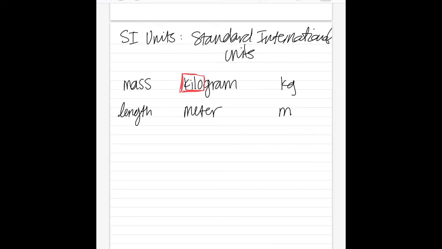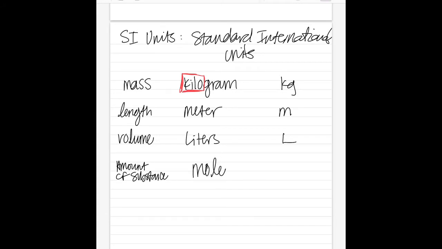Another one is volume, and that's liters, capital L. Then, if you've had chemistry before, amount of substance, which we talked about a lot in chemistry, is the mole, lowercase m-o-l. If you're going to talk about temperature, the SI unit is the Kelvin, and that is a capital K. There's no degree symbol on that capital K.